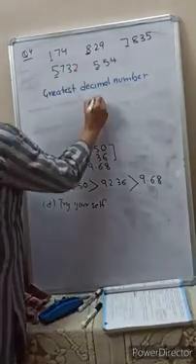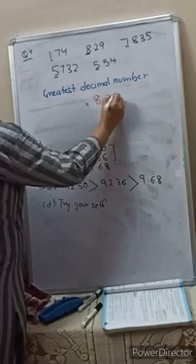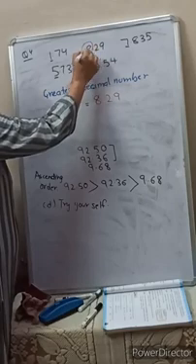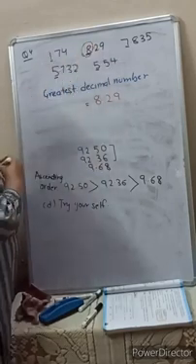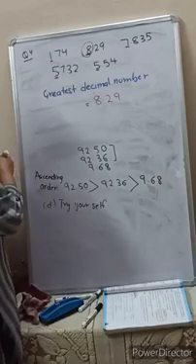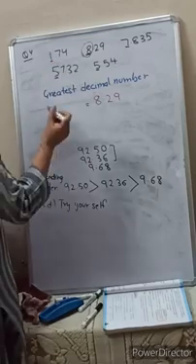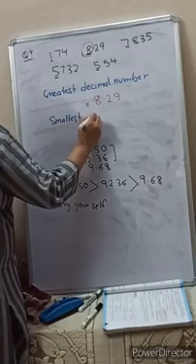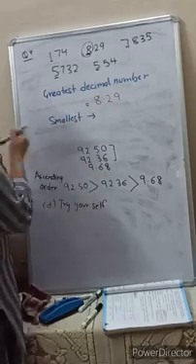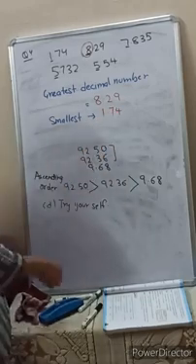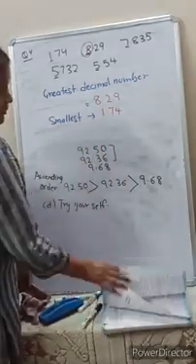So the greatest decimal number is 8.29. Why? Because its whole number part is the greatest. Now the smallest one is 1.74. So the smallest decimal is 1.74. Right? Let's move on to the next problem.